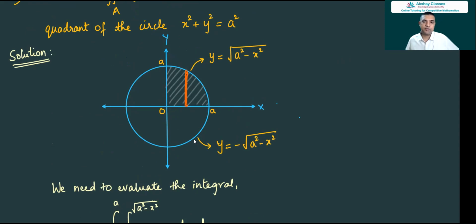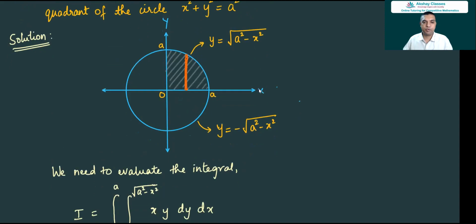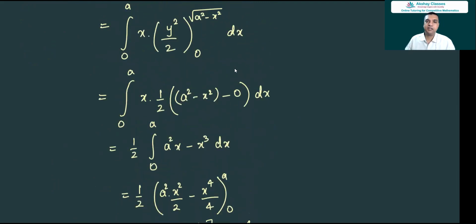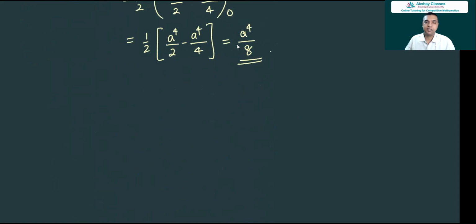So positive quadrant means both x and y are positive. Otherwise they would have said positive quadrants of x. Then it will be from minus a to a. In that case, the integral will be twice of this anyway, just a power 4 by 4 you will get.